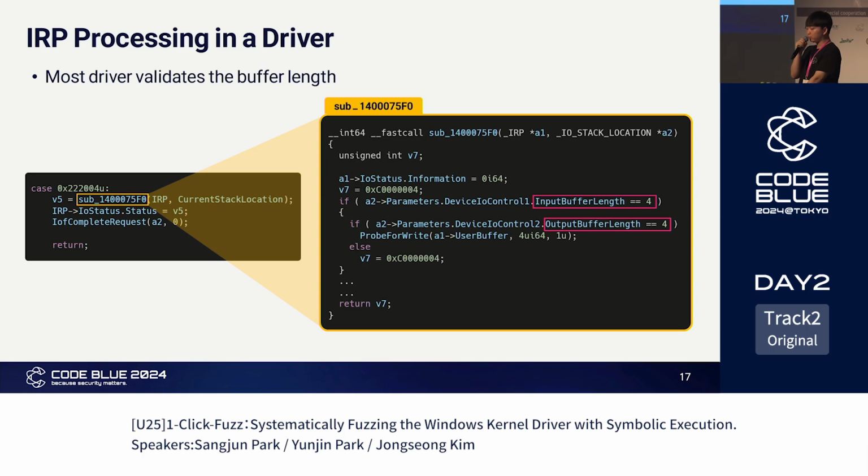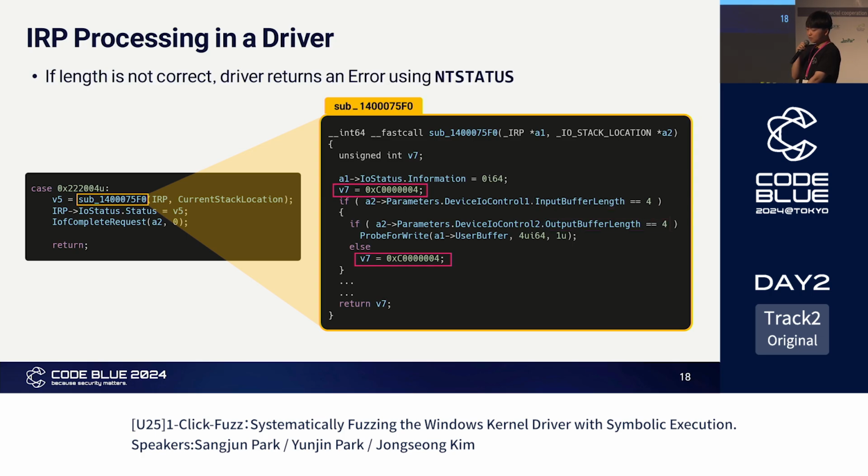Let's see what's going on in a real-world driver when it validates this field. Let me give an example for this. The driver uses the IRP structure to handle the I/O request sent from the application. And as in the write function, most drivers validate the length of the data. If the length is incorrect, the driver returns an error using an NT status value.